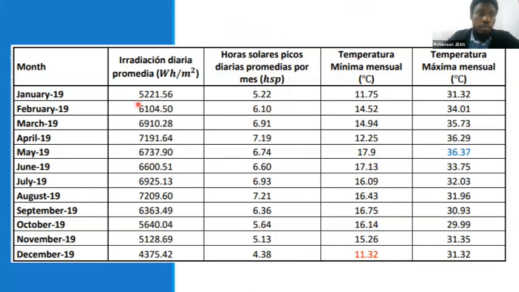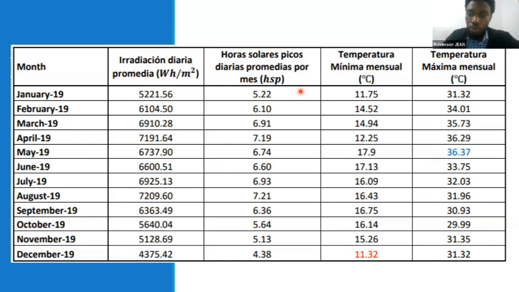So once you have the average power that is available during the year, if you know the energy that you need for your load, and you know the daily available power, you can divide the energy that you need by the available power in order to know how many hours of autonomy you will have normally.